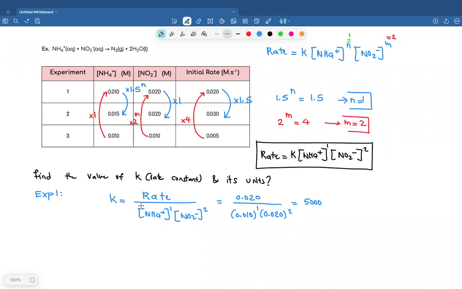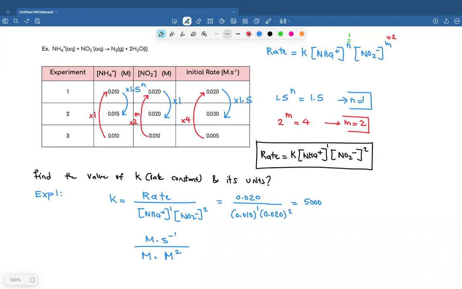Now for finding the unit, my suggestion is to use exactly the same formula for finding K, because I isolated K and I'm finding K by dividing the rate over these concentrations. So I can plug in the units, and this way I can find the unit for K. The unit of initial rate is given to us, molarity times second to the power of minus 1, over the concentration of NH4+ in molarity times the concentration of NO2- which is also molarity, but to the power of 2.